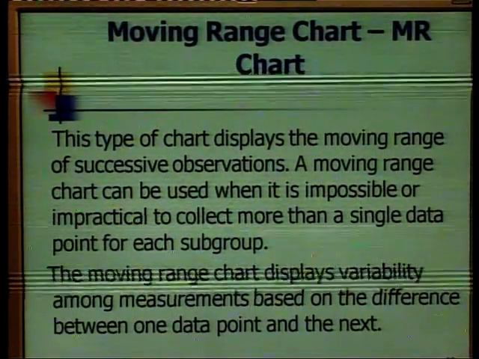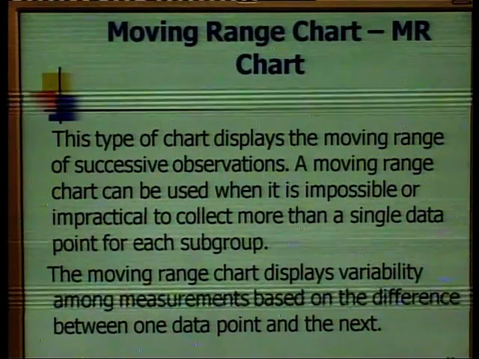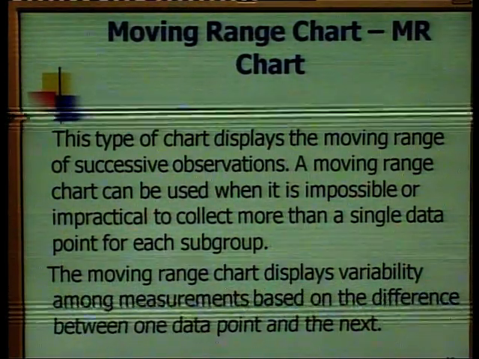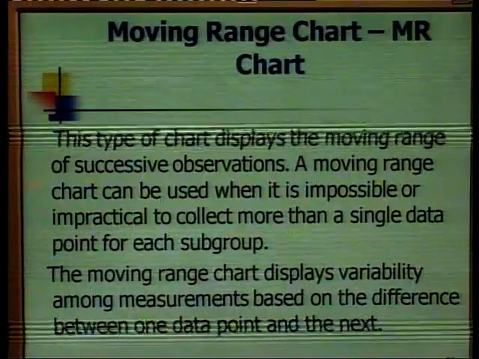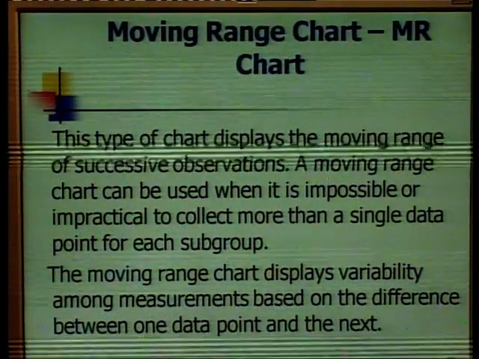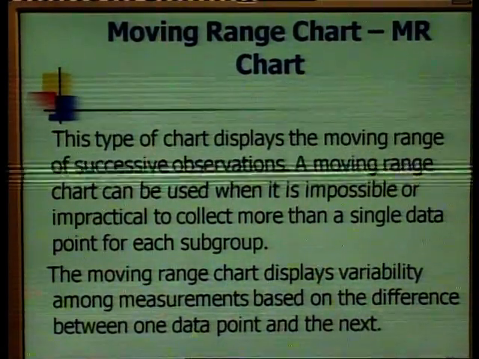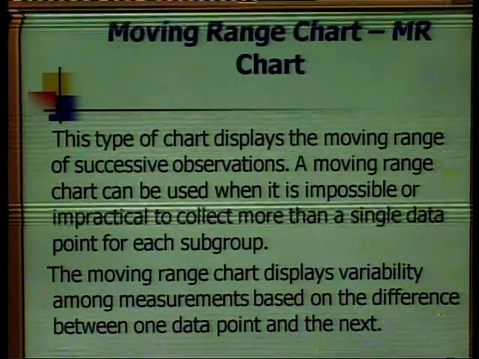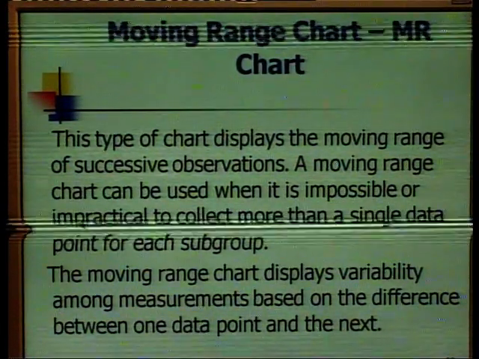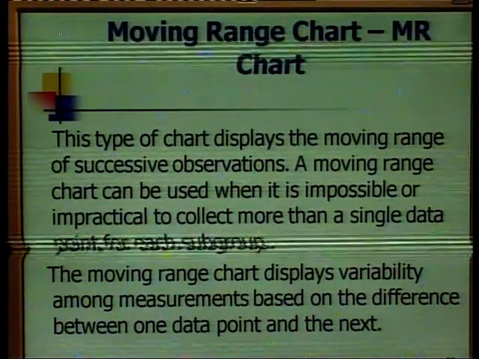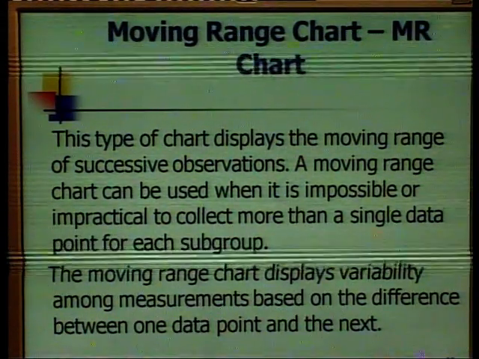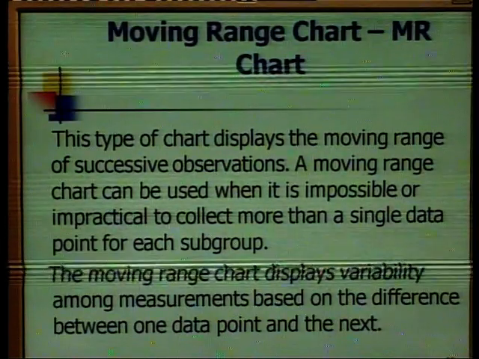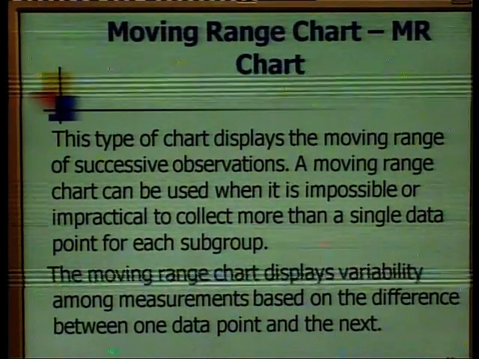Now, next is the moving range chart or MR chart. This type of chart displays the moving range of successive observations. A moving range chart can be used when it is impossible or impractical to collect more than a single data point for each subgroup. In that case, we use the moving range chart.